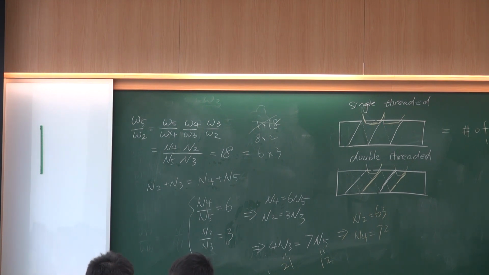Okay, so let's just take a look at this one. So when do we use these gear trains? The most commonly used case is in transmission, in the vehicle transmission.